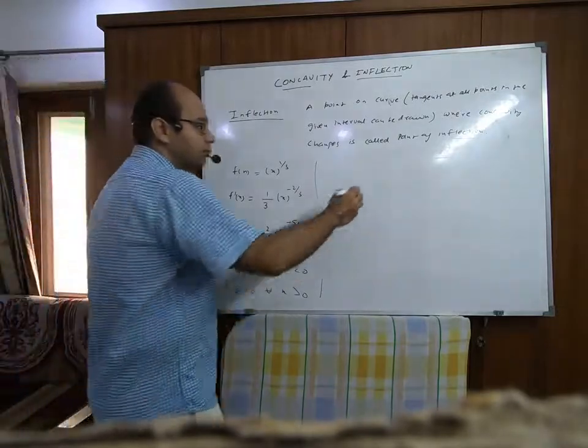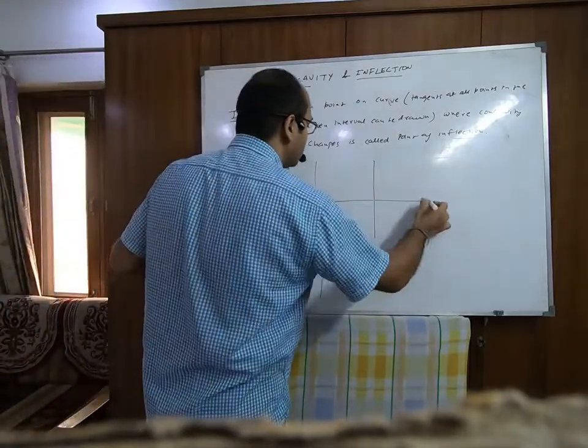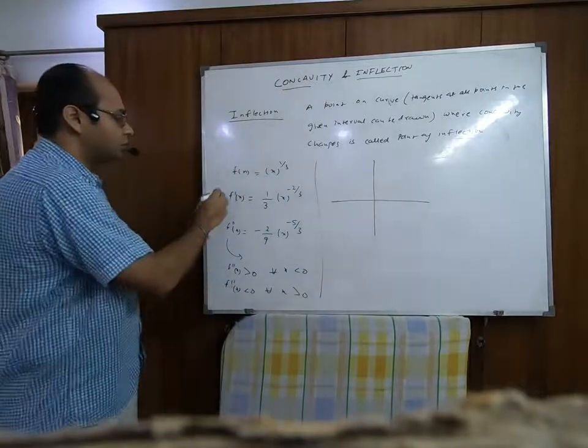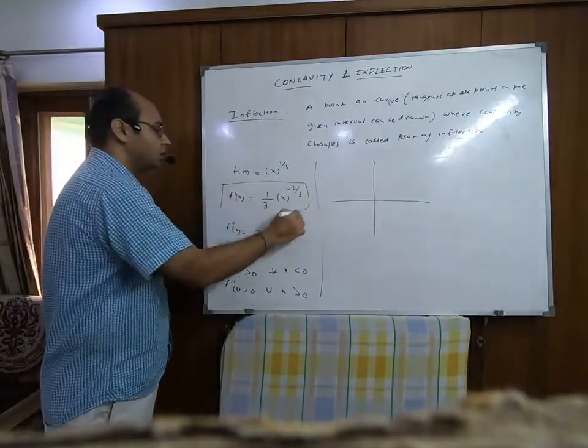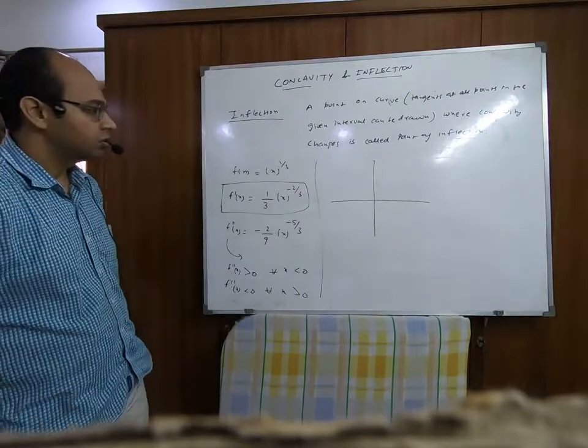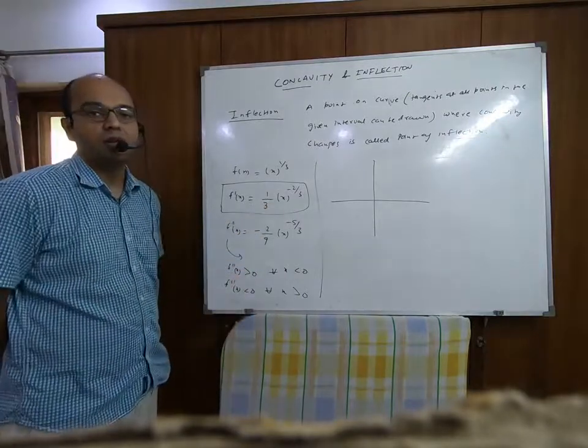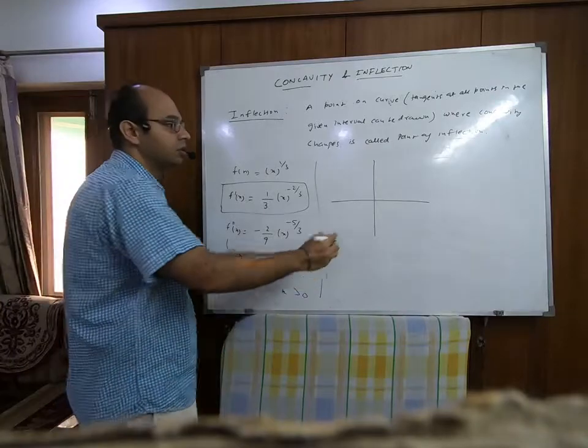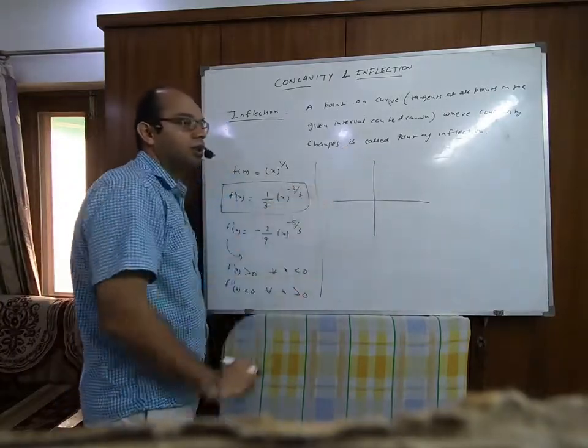Again we'll try and draw. The catch here is you must know that at 0 f dash x does not exist because it will tend to infinity, but a tangent line exists and that is the y-axis.